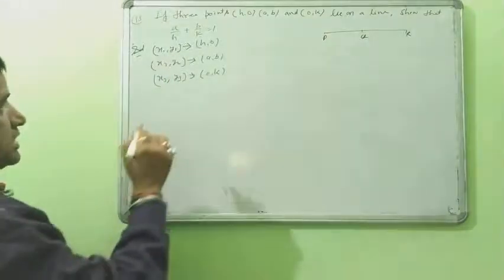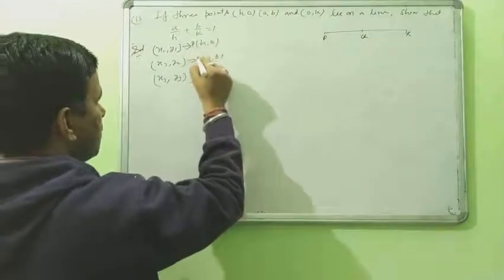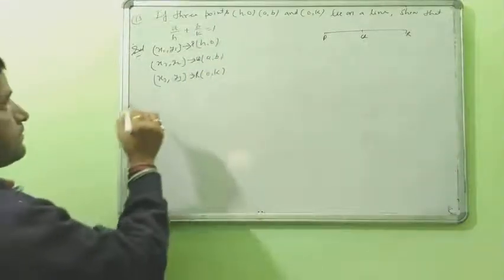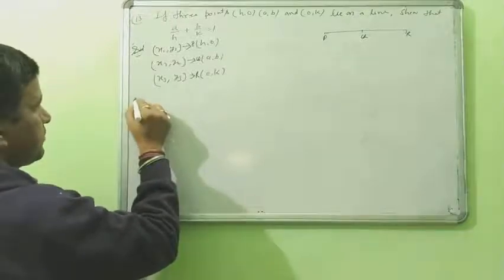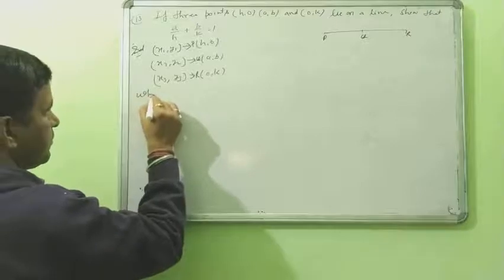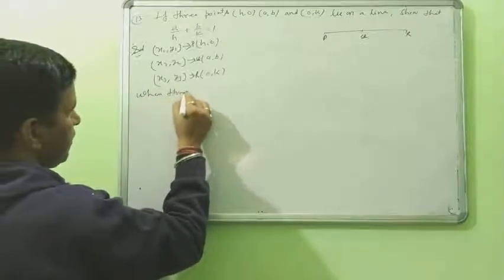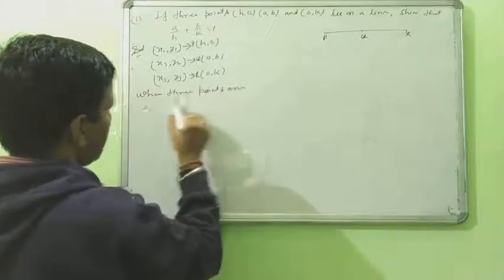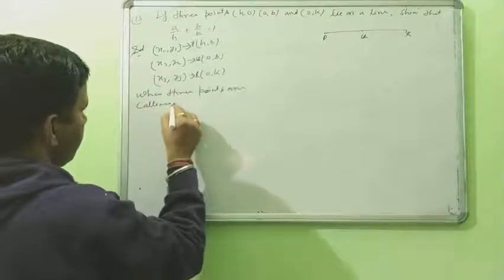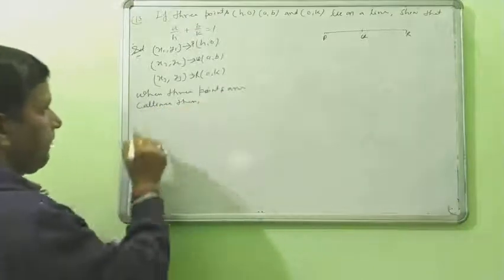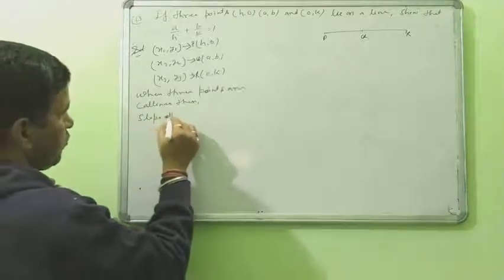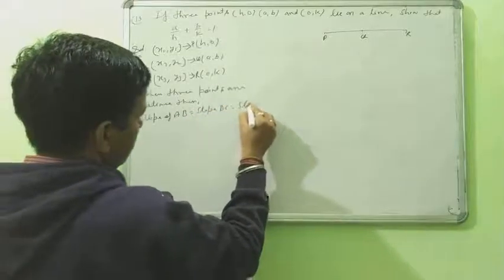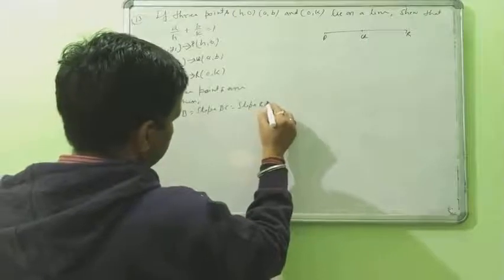So then you can say, okay, this is the coordinate of P, this is the coordinate of Q, and this is the coordinate of R. So when 3 points are collinear, then slope of AB equals slope of BC equals slope of CA.